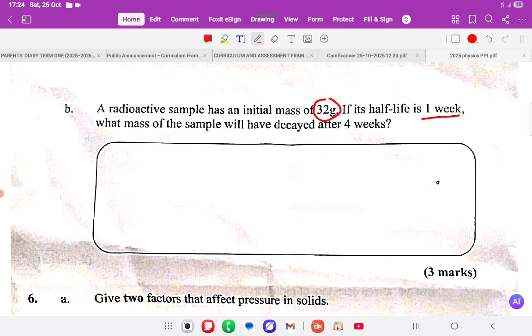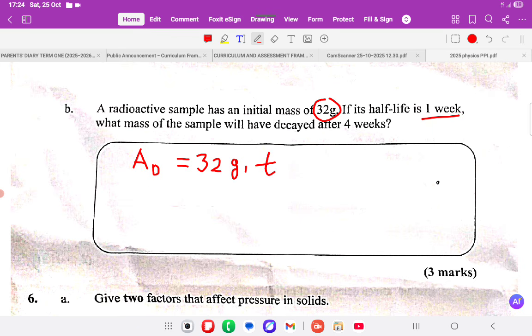So let's do this. Let's call the initial mass A naught, which is 32 grams.